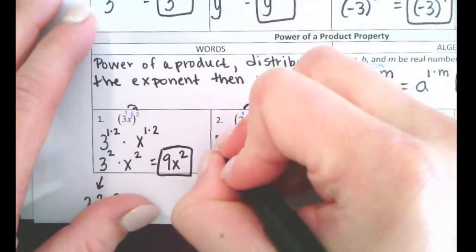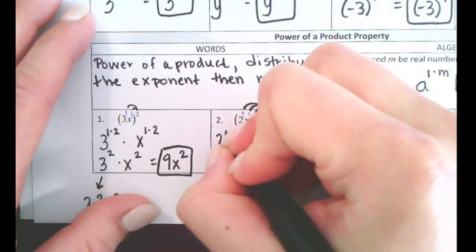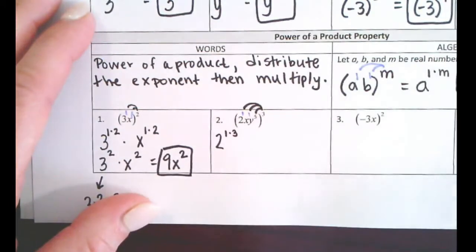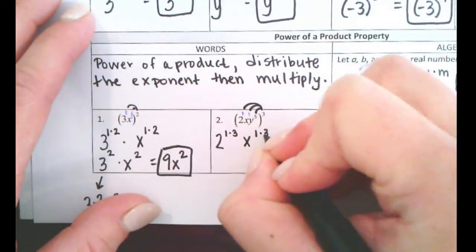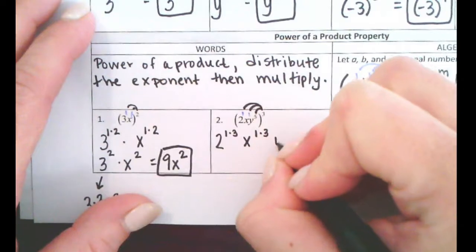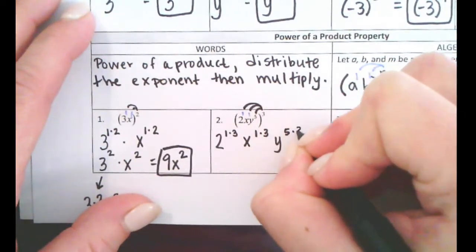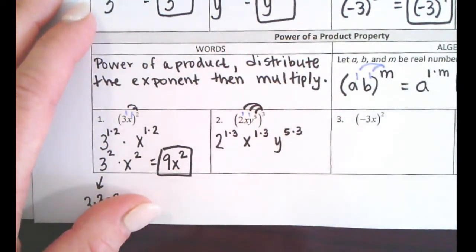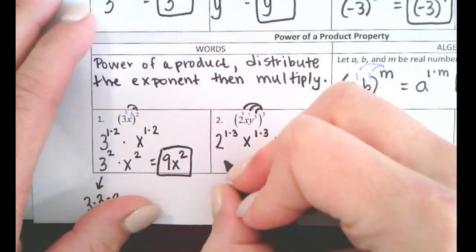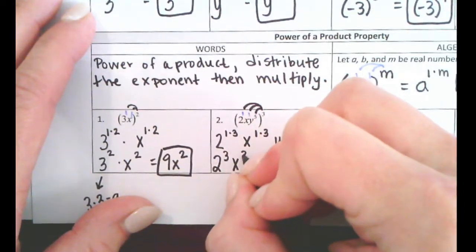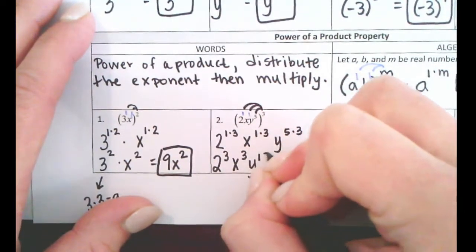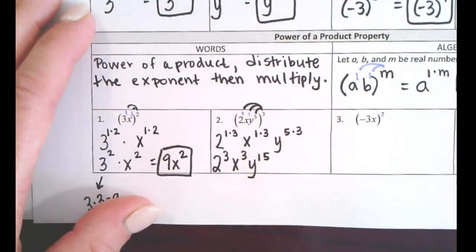This becomes 2 to the power of 1 times 3, x to the power of 1 times 3, and y to the power of 5 times 3. So now simplifying this, I have 2 cubed, x cubed, and y to the 15th.